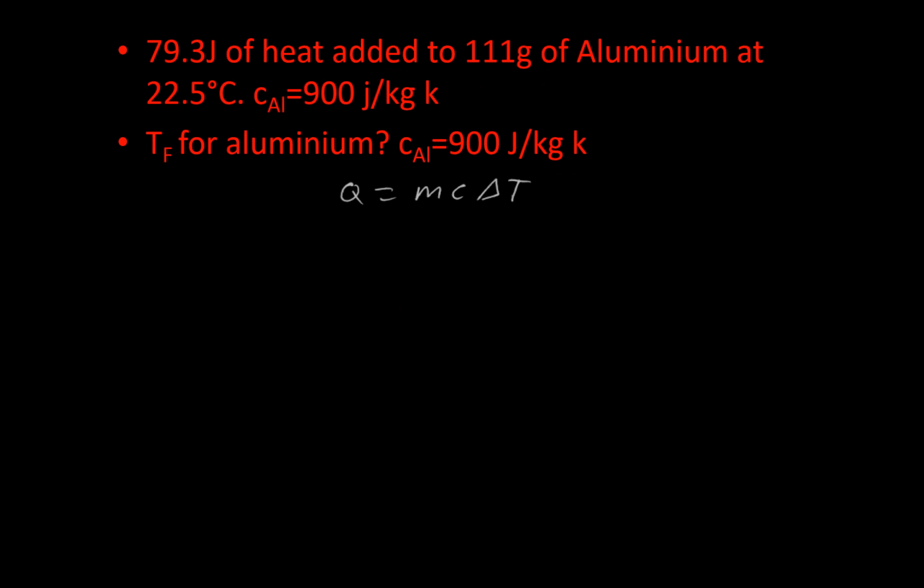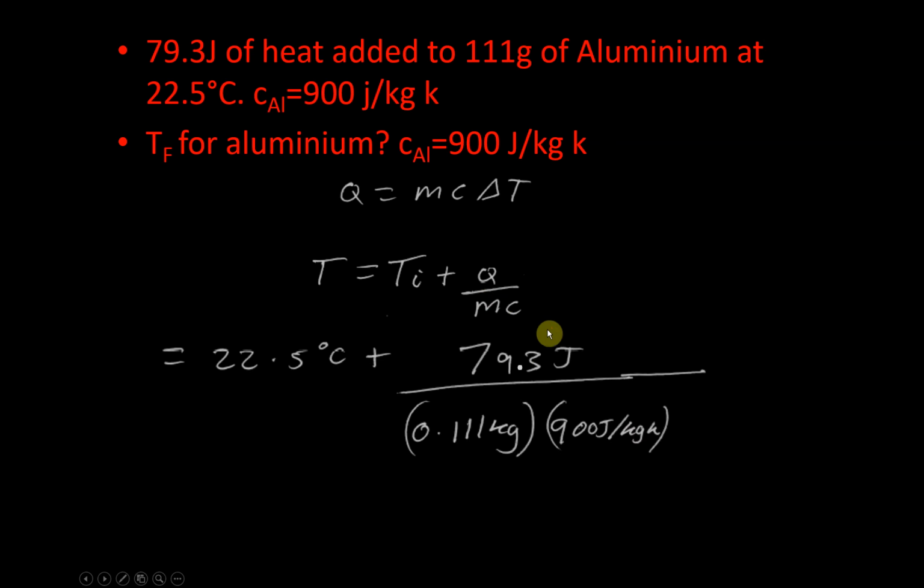Well, Q is equal to mcΔT. We want to find out what the final temperature is. That means our final temperature T is going to be the initial temperature plus whatever temperature change we get, which is Q over mc.